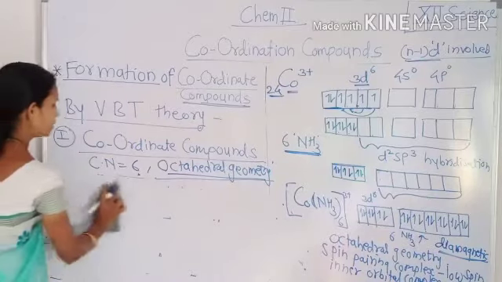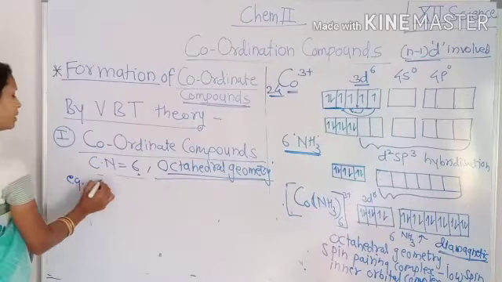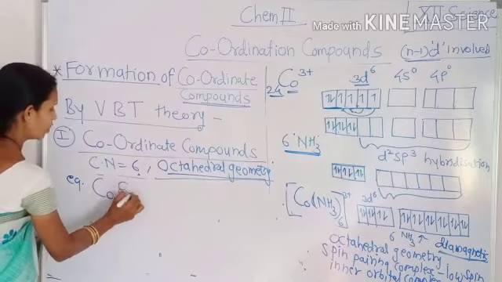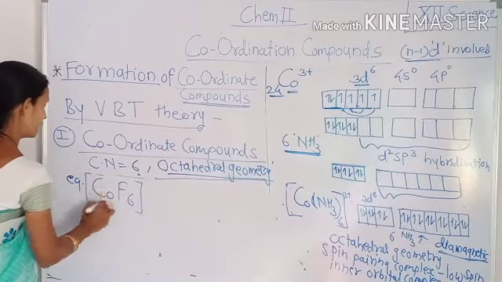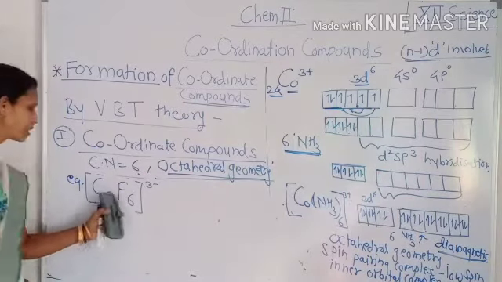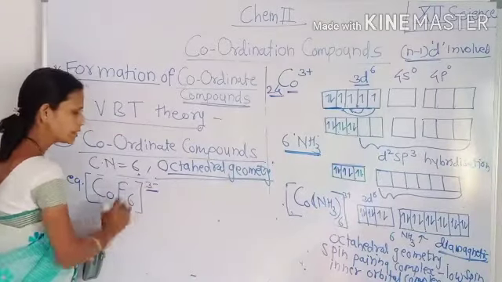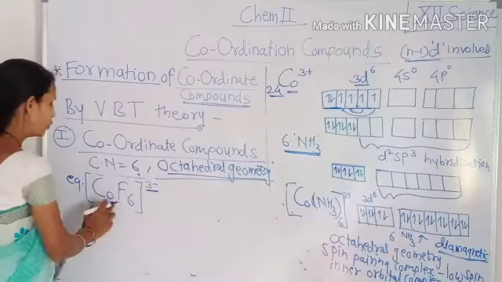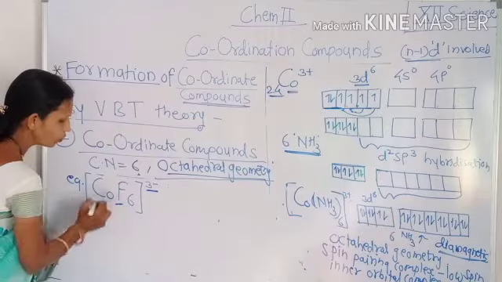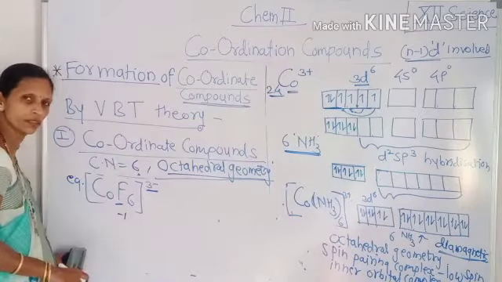Another example, the second example, is [CoF6]3-. See here, it is also an anionic complex. 3- is the charge, in which fluoro ligands are there, each carrying a -1 charge.